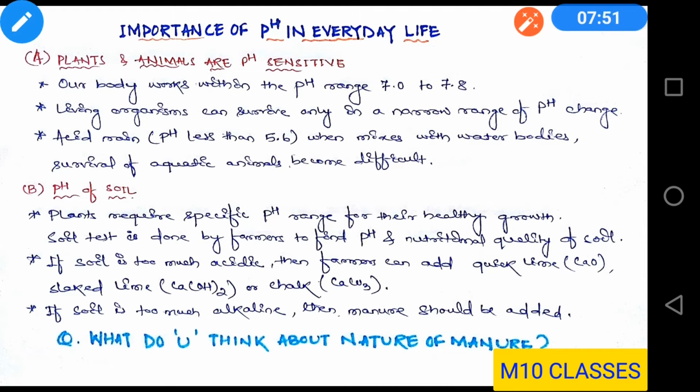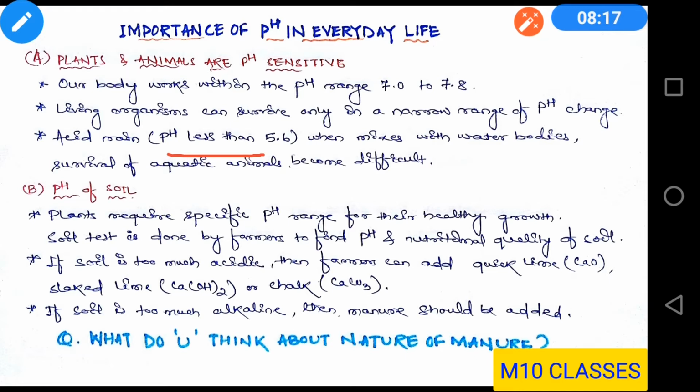Acid rain, whose pH is less than 5.6, when it mixes with water bodies, makes the survival of aquatic animals difficult. In class 8 you have read about the effects of acid rain. When this acid rain mixes with water bodies, the aquatic animals die because the pH value is lowered and it becomes acidic.